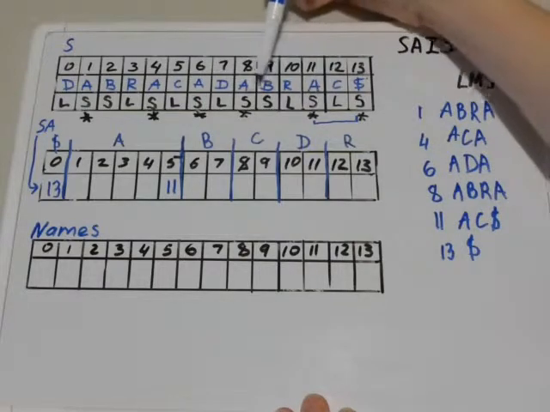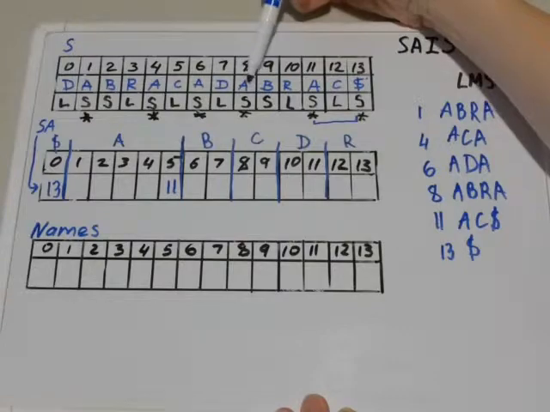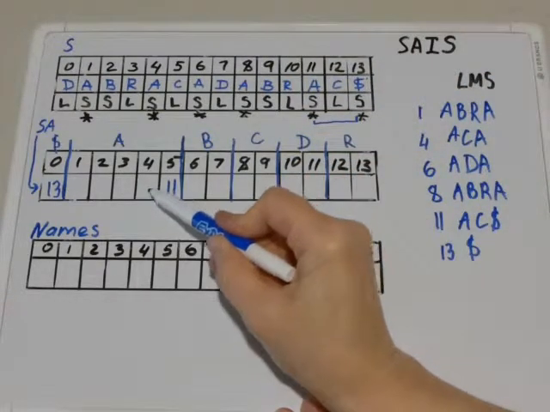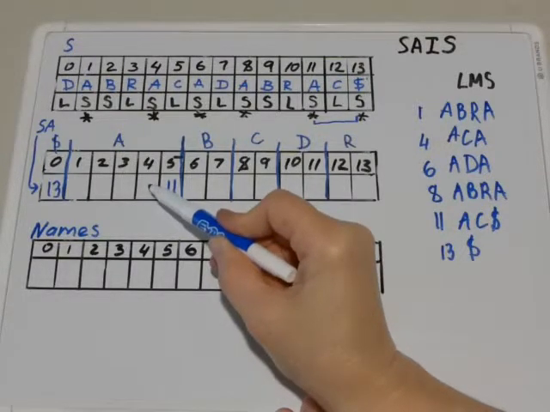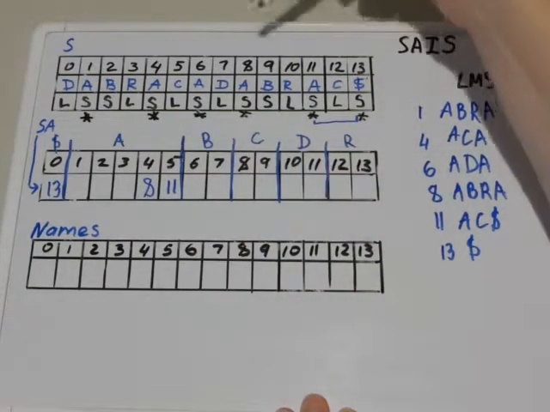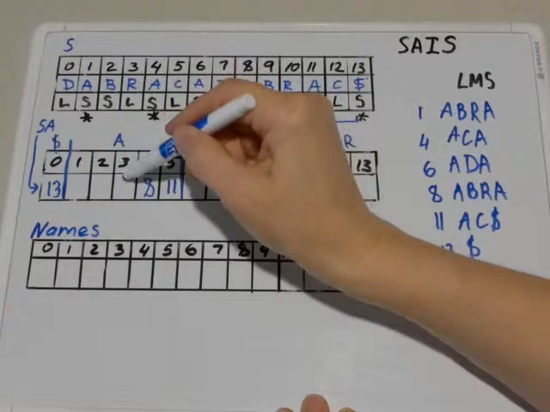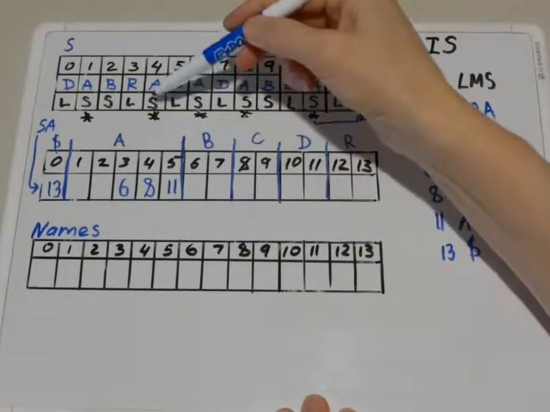Next position is 8, character is A. 8 will go at the available end of the A bucket. The next available spot is this, so 8 goes right in here. Next one is 6, also A. 6 will go right in here, at the end of the A bucket. 4 is A.